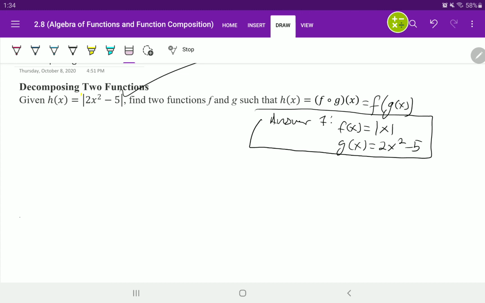Now, a harder one to determine, but this is one that I'm going to introduce. We can say that f of x, in this case, equals the absolute value of 2x minus 5, and we can say that g of x equals x squared. That is also one possibility we can use.